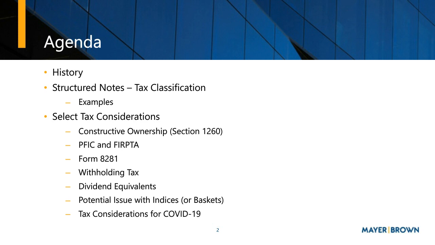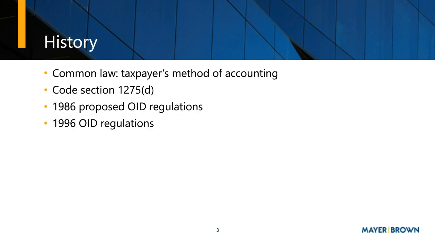So with that, let's go on to slide 3 and a little history. Hopefully for tax lawyers and non-tax lawyers alike, we can explain this in a way that you'll understand.